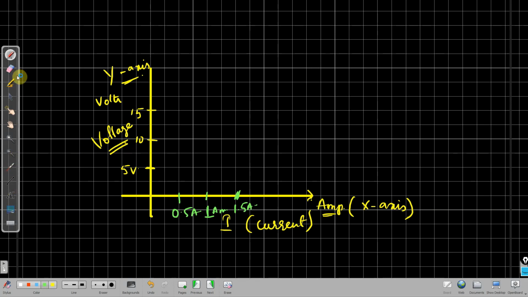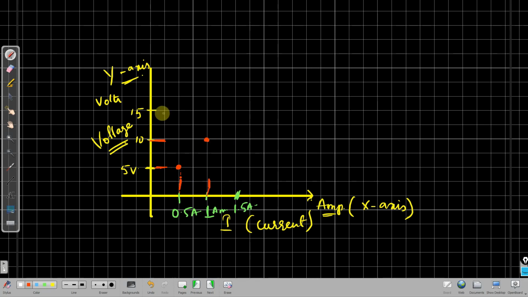What have you understood with the values just now? You have seen that if the voltage was 5, the current passing was 0.5. That means for these 5 volts, the current passing was 0.5, and the point comes here. And for 10 volts, the current passing was 1 amp, and so the coordinate is here.